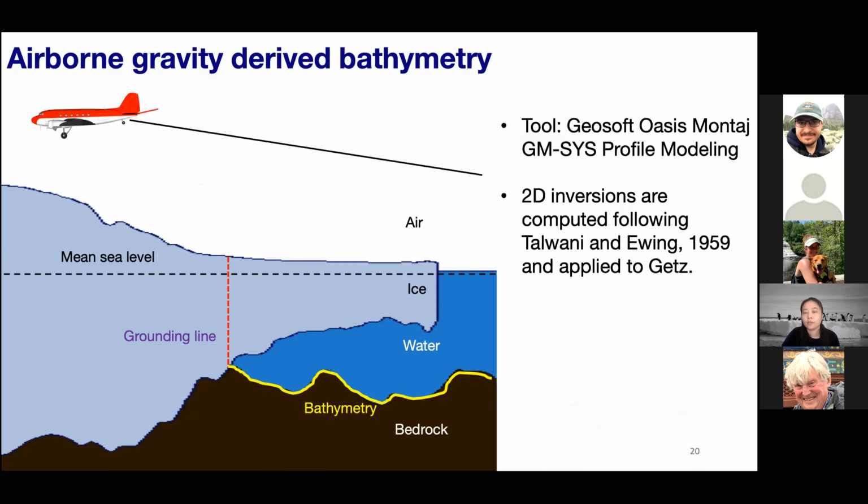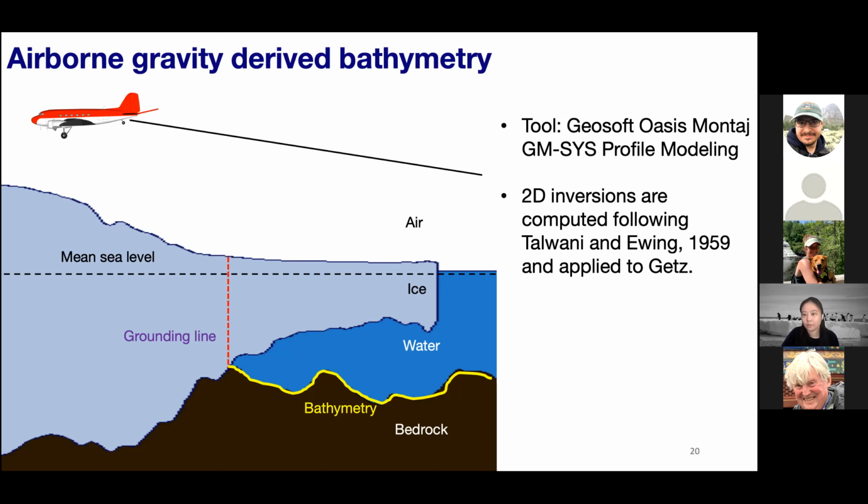The bathymetry is inferred from airborne gravity data inversion. You may wonder why we can use airborne gravity to infer the water-rock interface under the floating ice. That's because the Earth's gravity field can change at different locations according to different topography and a different density distribution.